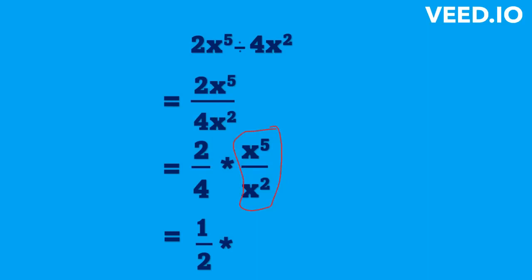Here the base is the same, but the exponents are different. We are doing division of these two expressions, which means the exponents should be subtracted, numerator's minus denominator's exponent. It comes to half x cubed.